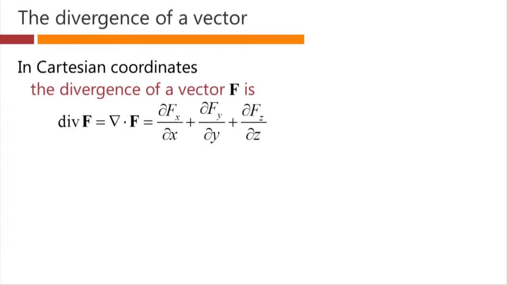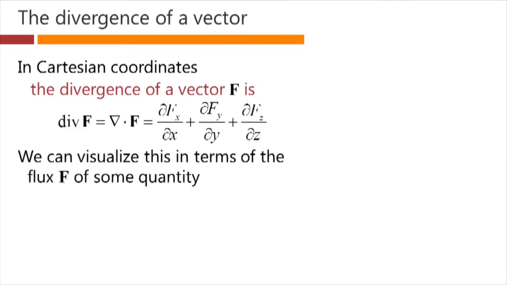And the result of that is the rate of change of the x component of f with respect to x, plus the rate of change of the y component of f with respect to y, plus the rate of change of the z component of f with respect to z. And note that the result here is a scalar quantity. Just like the dot product of two vectors gives you a scalar, this dot product also gives us a scalar quantity.